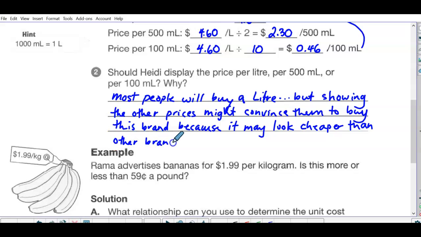If your other brands are listed per liter and this brand is per 500, you might not do the math in your head and buy this because it is cheaper.